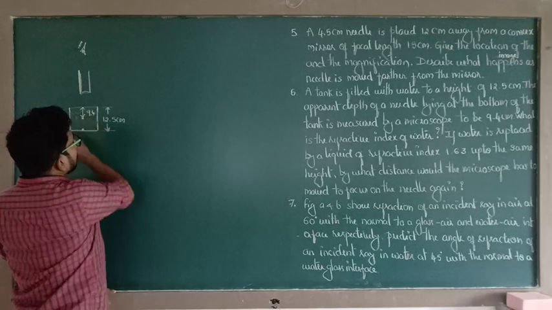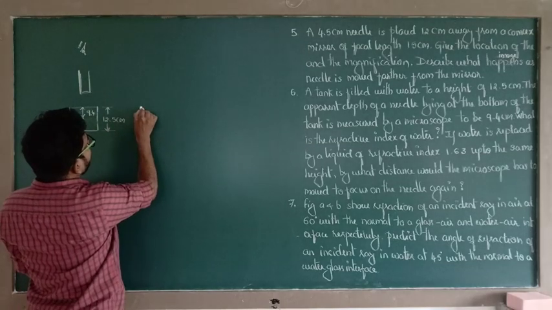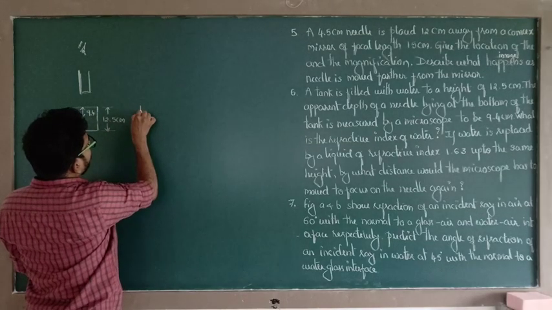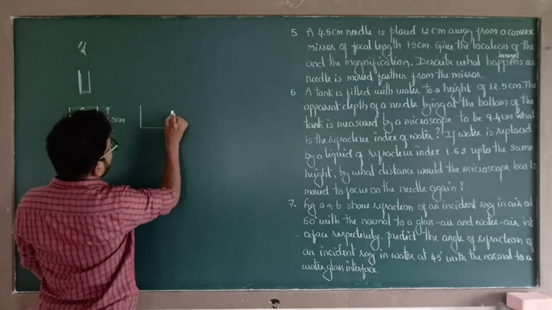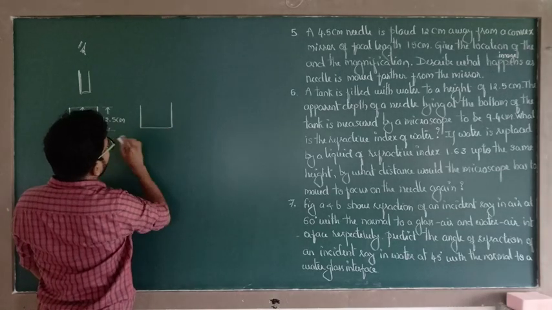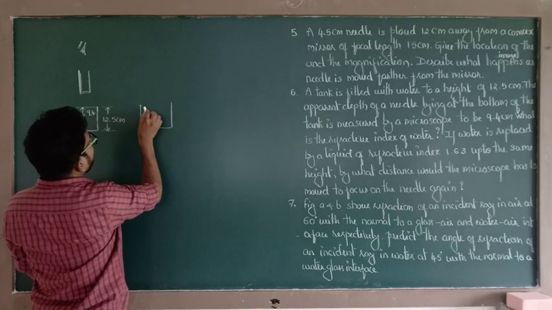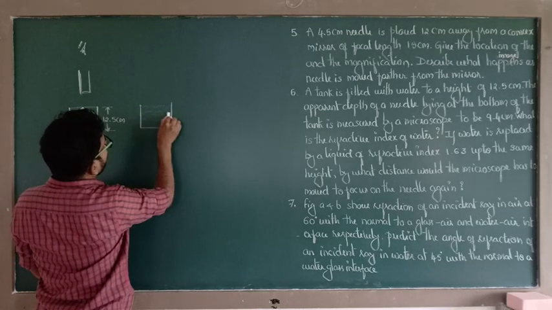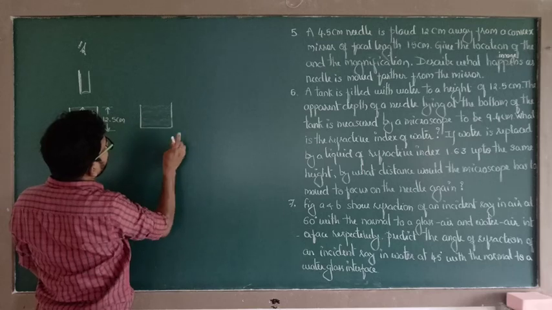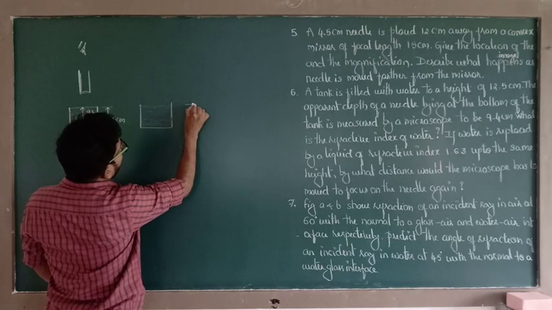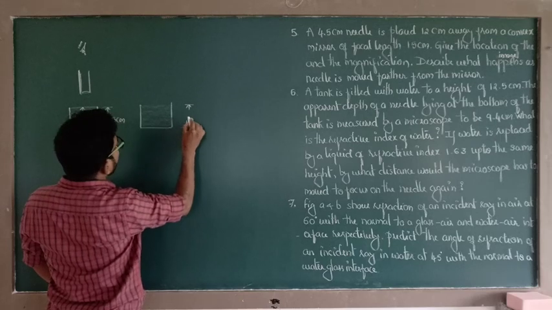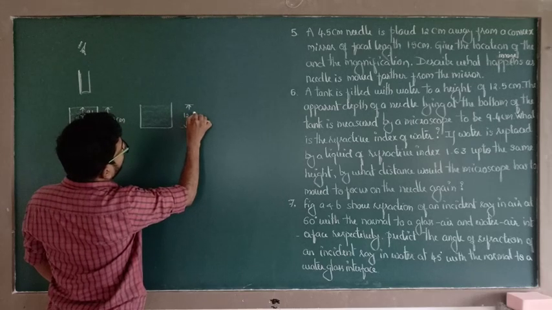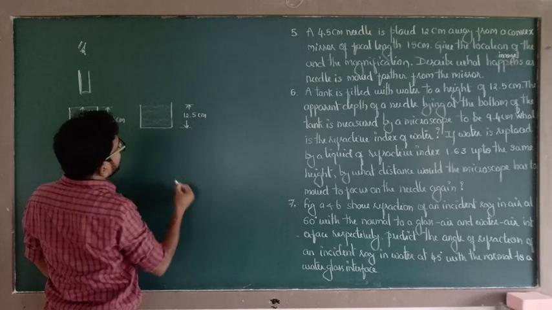If suppose this liquid is replaced by another liquid, in the same beaker, with the same quantity of liquid, same quantity means again this real depth is equal to 12.5 centimeter.